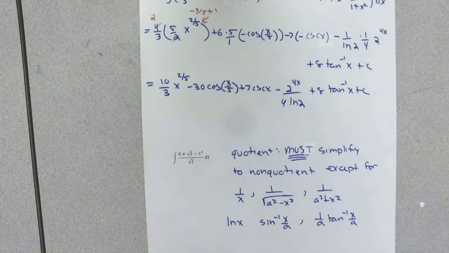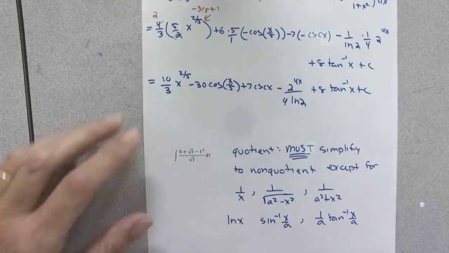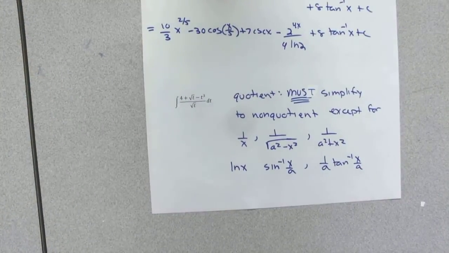Those are the 3 fractions that we're okay with right now. That ain't one of the 3 fractions, so we've got to simplify it. And let's recall, I'm going to go on to a new piece of paper.